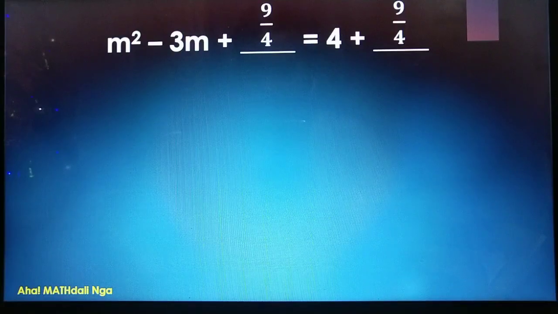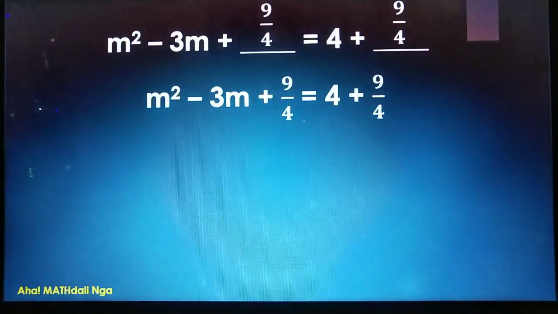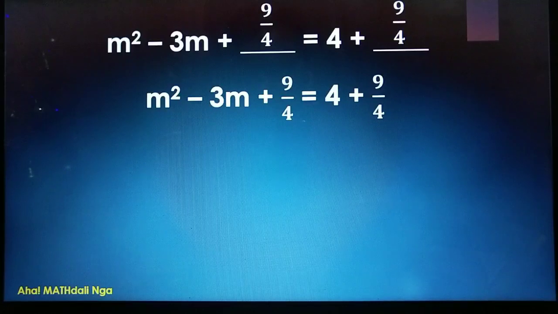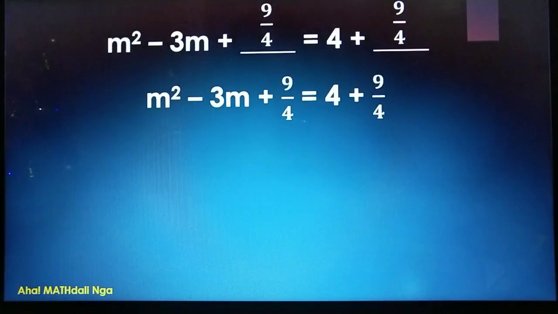So, let's simplify the equation. We have m squared minus 3m plus 9 over 4 equals 4 plus 9 over 4. Now we will factor m squared minus 3m plus 9 over 4, our perfect square trinomial.